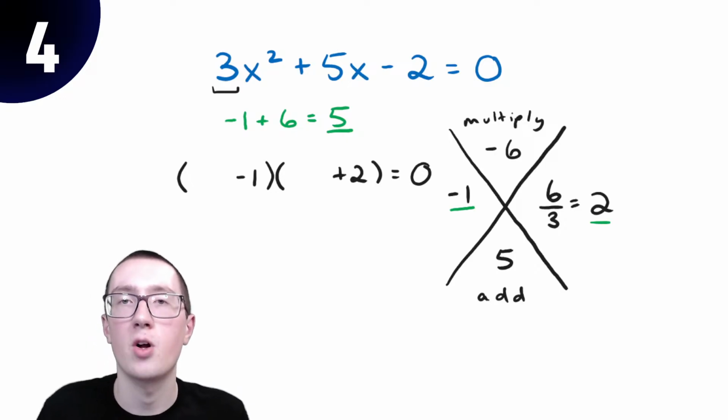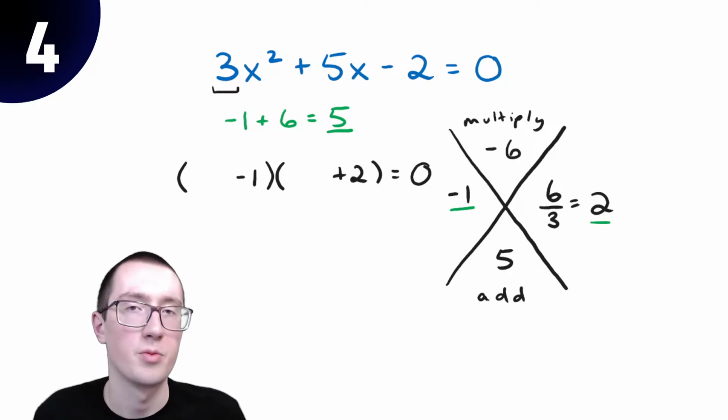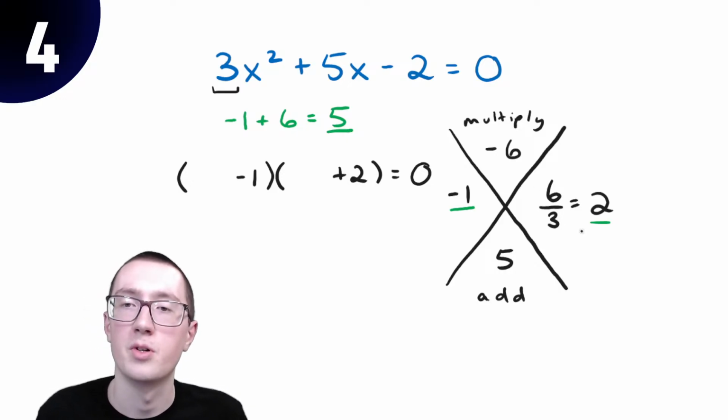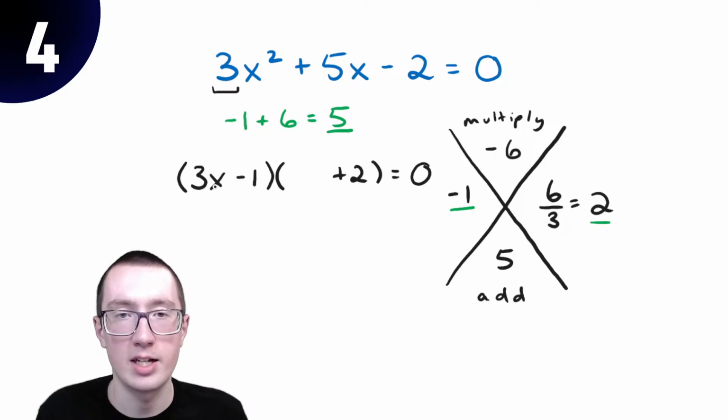But you always put it on the opposite one that you divided by. Because we divided the 3 out on the 6 to get 2, the 3x is going to go on the opposite side, which is -1. So the 3x is going to go here, and then the regular x is going to go here.